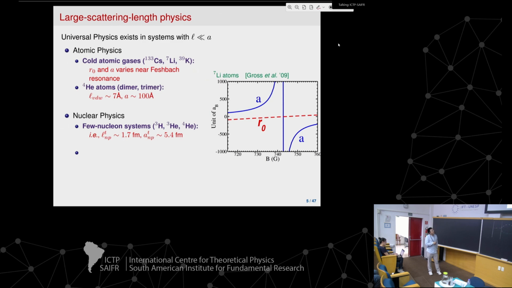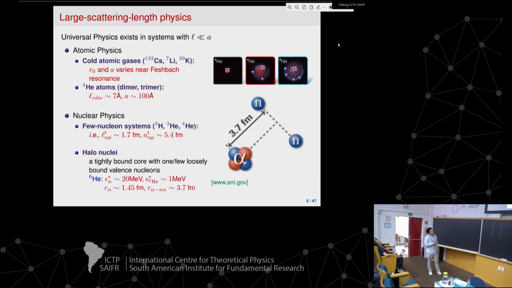And the scattering length is related to the binding of the deuteron. If you convert it into a scattering length, it's about 5.4 Fermi. So it's a factor of 1/3 difference. At a certain point we can say this is small and this is large, so you can describe universal features in those few-nucleon systems.